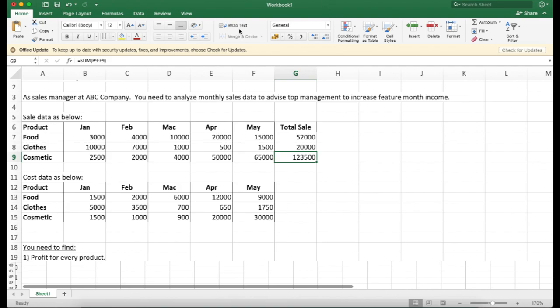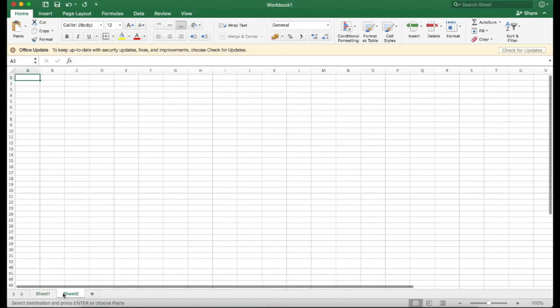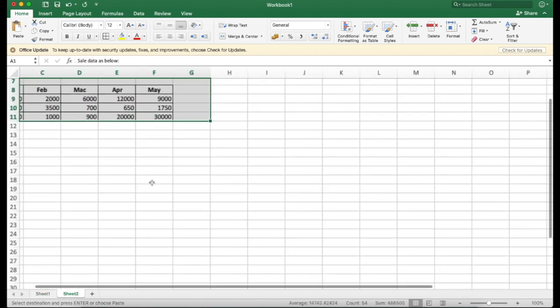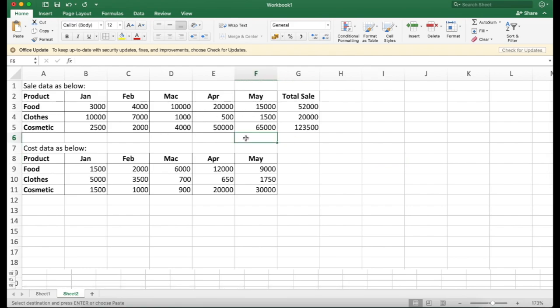I think we need to copy first before we can do anything. Go to second spreadsheet and paste it. So this is a total for every product. So this one is total for the sales. Alright, quite easy. So this one is a total for the costing.